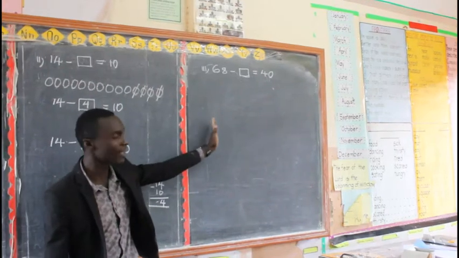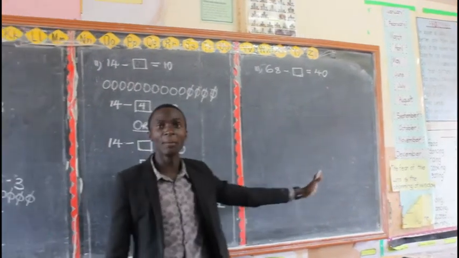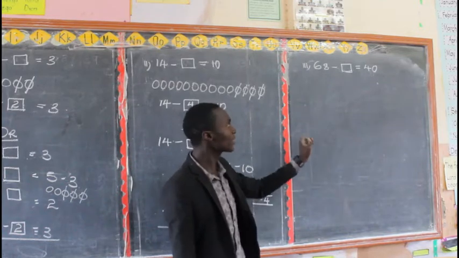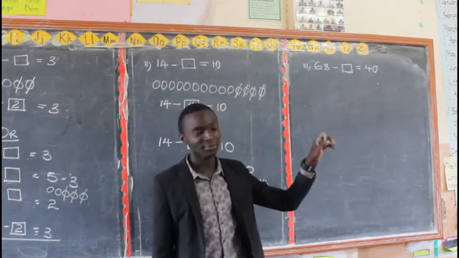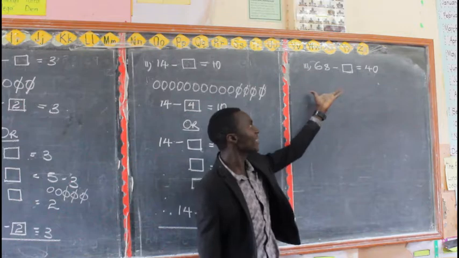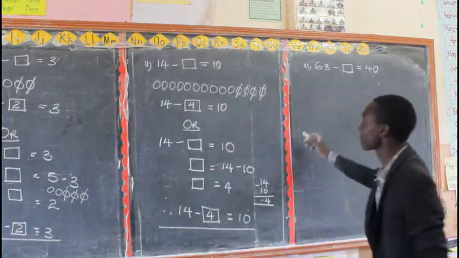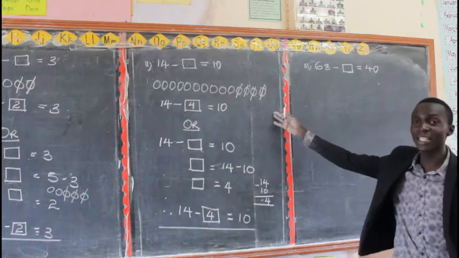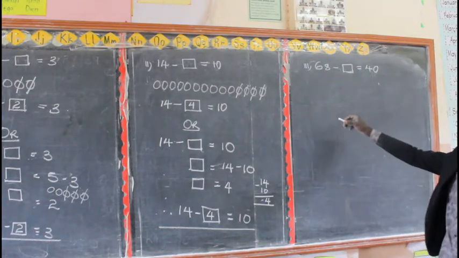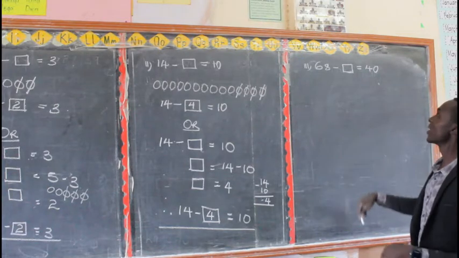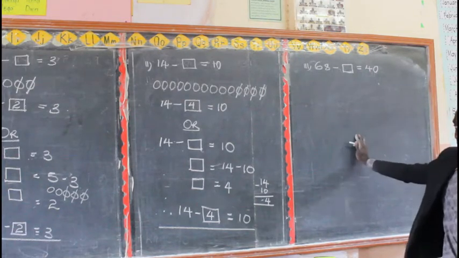When you get 68, you subtract a number. That number you don't know, you get 40 as the answer. What number is there? Since this is a bigger number, when you try to draw sticks, you will find yourself drawing the whole book of 68 and also the whole book of 40.